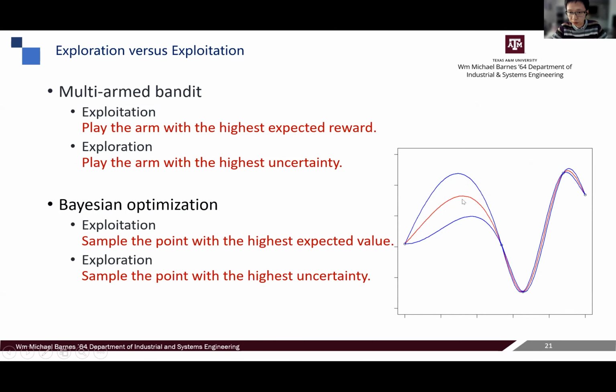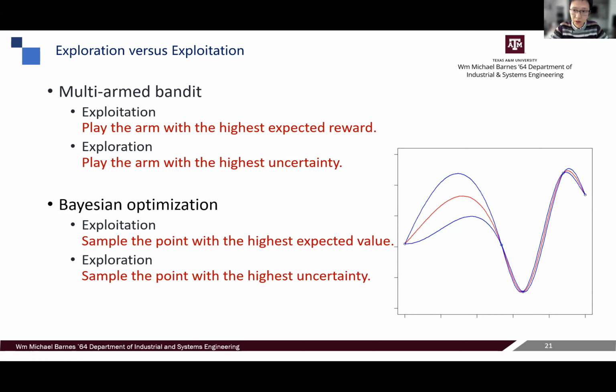If you have the predictive mean as the red curve, from this mean you may see that the right-hand side is more likely to have the maximum value. However, the left-hand side, although on average it is not that big, has big uncertainty. That means there is a greater potential on the left-hand side to also get a good value.